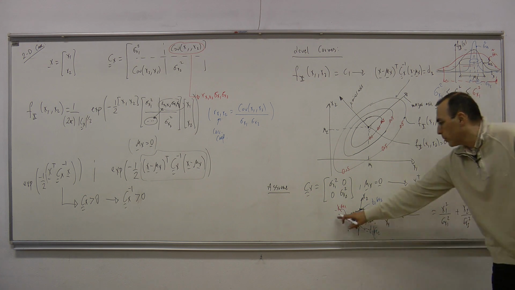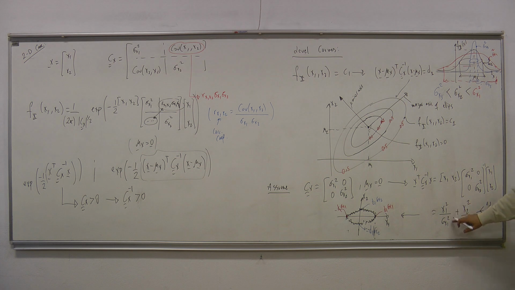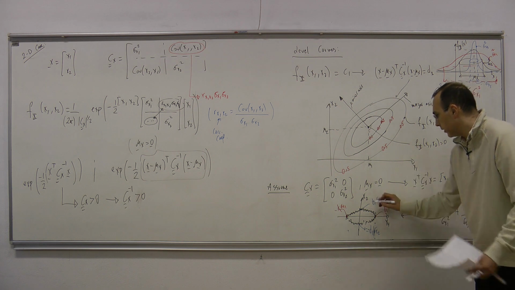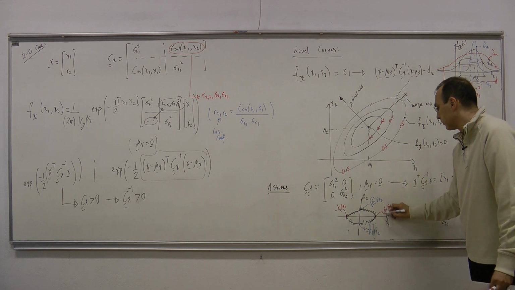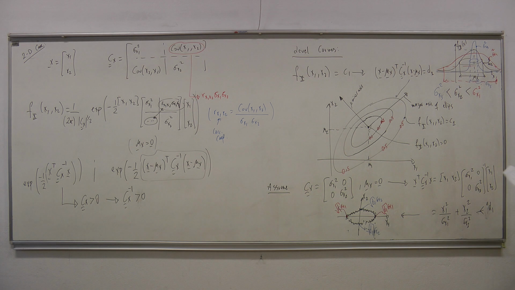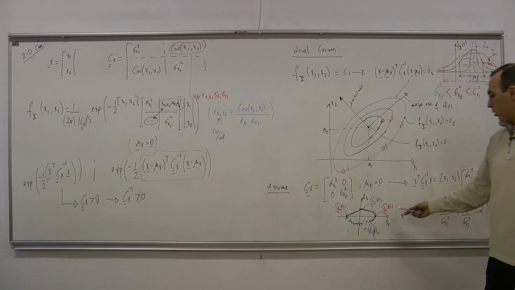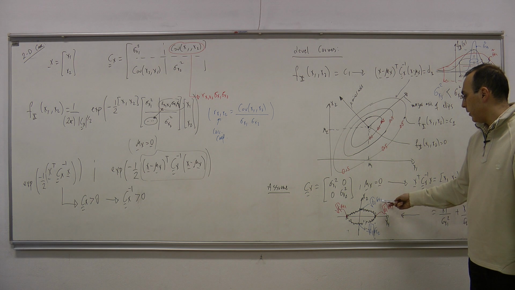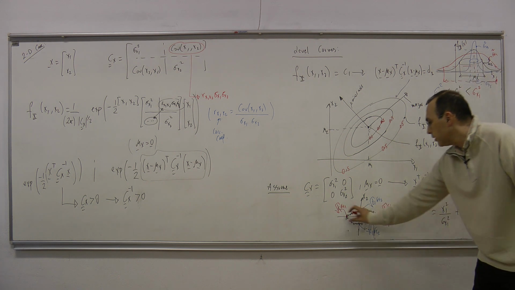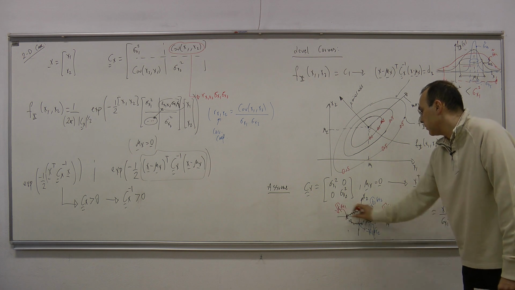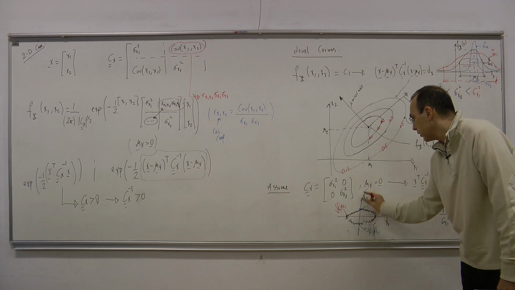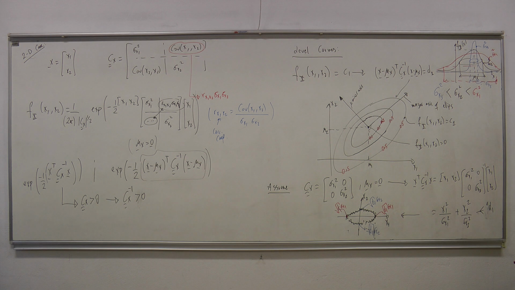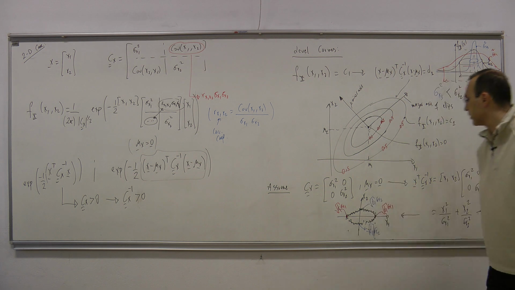When X2 is equal to 0, I'm on this X1 axis. So I see 2 points, square root of D1 times sigma X1 and so on. Okay, I have that. So if sigma X1 is much larger than sigma X2, you see that this axis of this ellipse is longer. This is called the major axis. If sigma X2 is smaller, then this section is smaller. That part is called the minor axis of this ellipse.